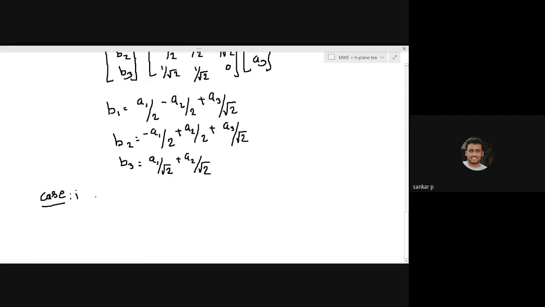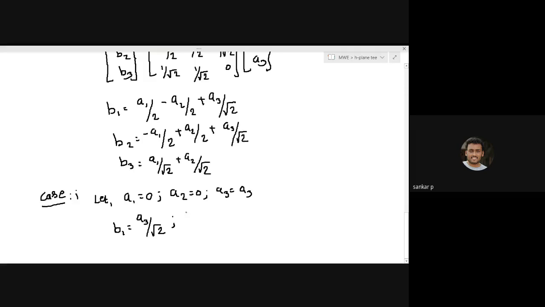Let A1 be equal to 0, I am not giving any input to port 1. A2 is equal to 0, I am not giving any input to port 2. I am just giving input to port 3, so A3 is something. Now B1 equals A3 by root 2.